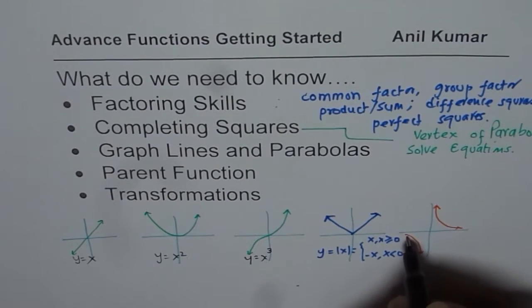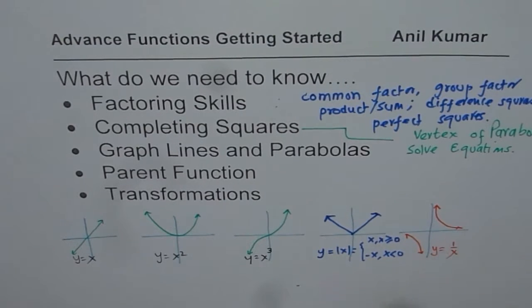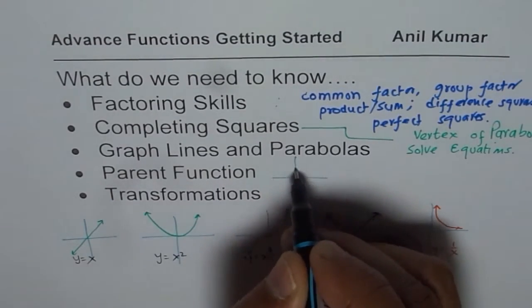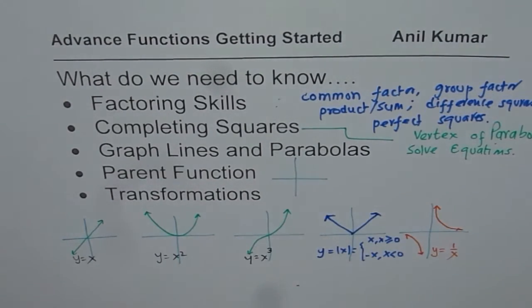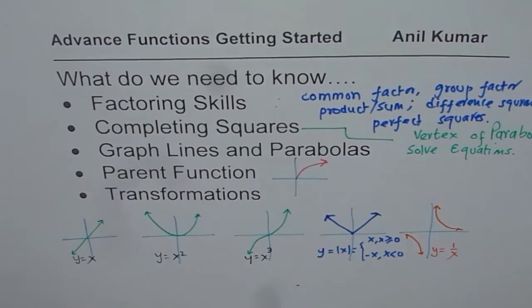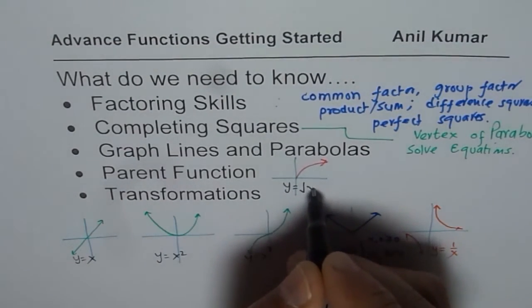I'm just changing the ink so that it doesn't get messed up. So that is the reciprocal function, and let me squeeze in a few more here. One of them is called the square root function, whose graph is kind of like this, and the equation is y equals square root of x.